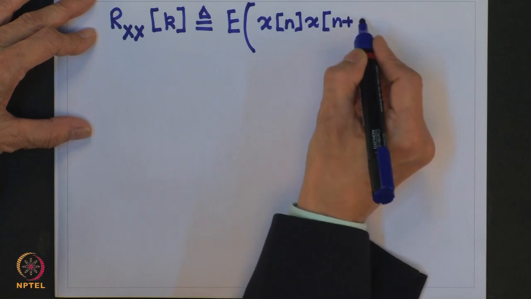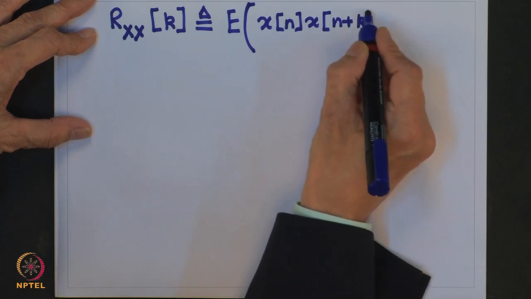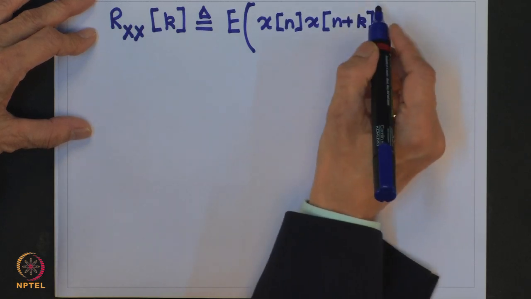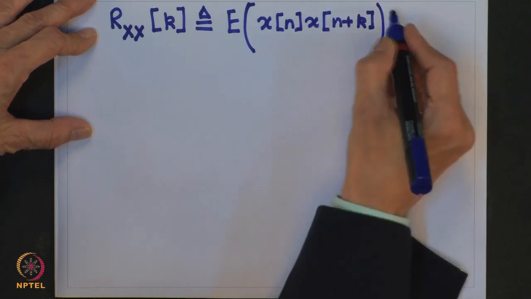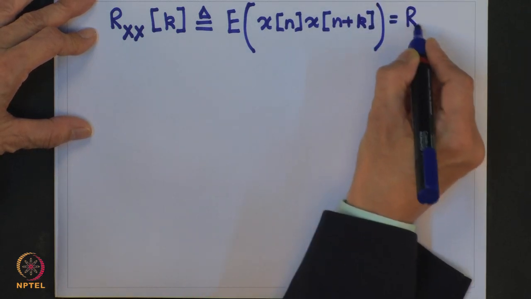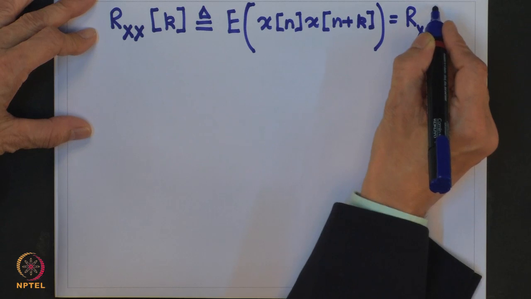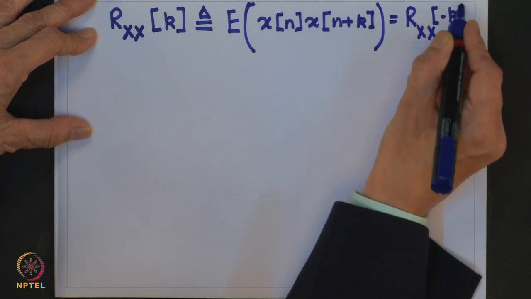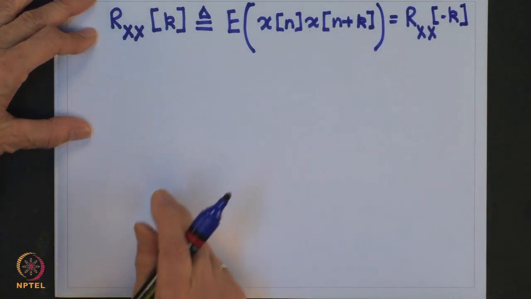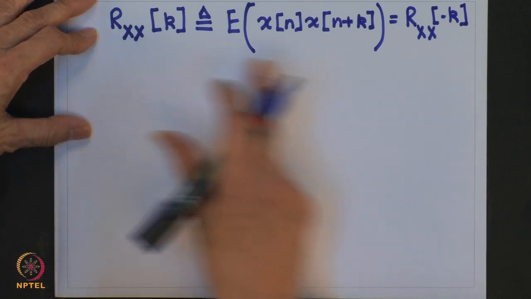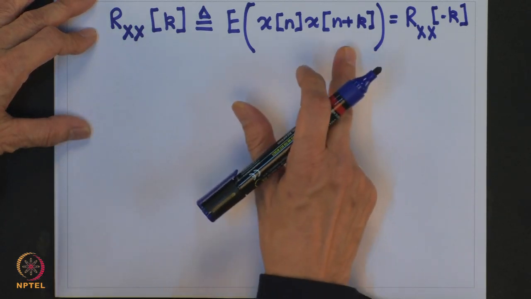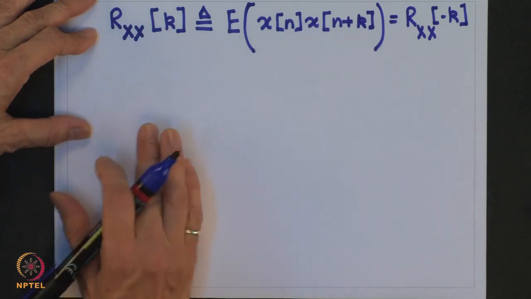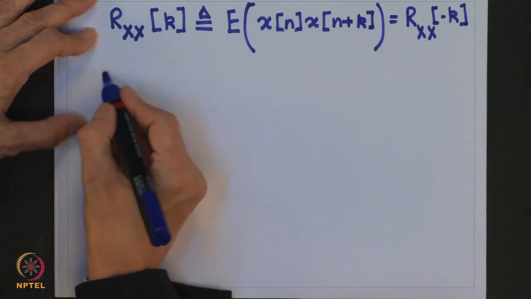I am assuming that all our samples in the sequence are real. This is a property of the autocorrelation. Autocorrelation is possible because of the assumption of wide sense stationarity.